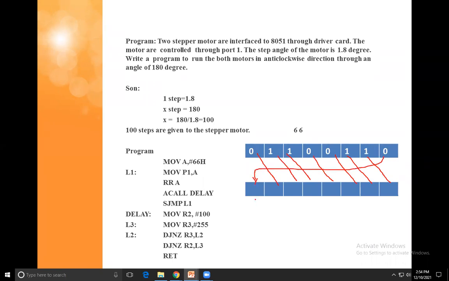So what is the answer? This is 0, then this is 0, it will come to 1, here comes 1, it becomes 0.